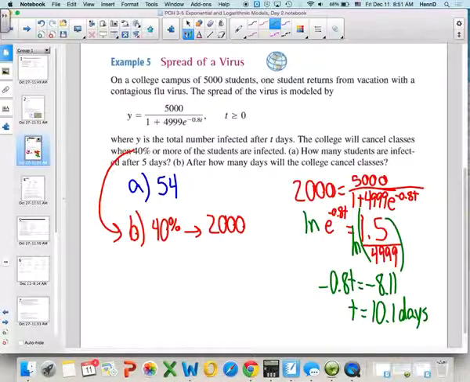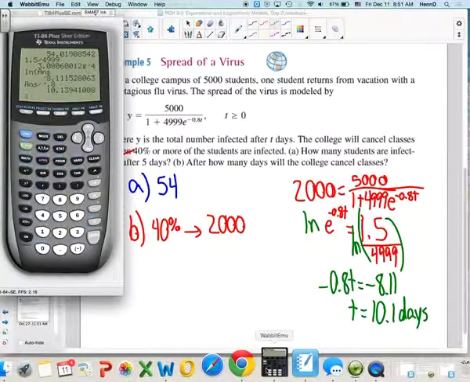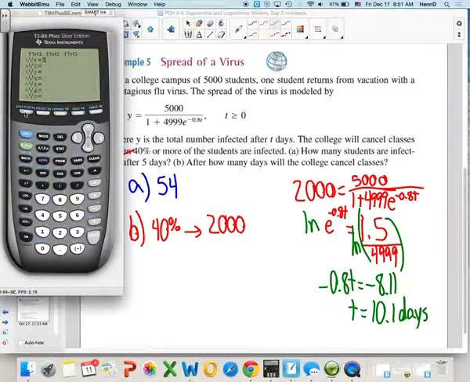Okay, yes? Where would the horizontal asymptote be? The horizontal asymptote actually would be when we reach capacity, 5,000 students. Okay, if we were to look at this on a graph, 5,000 divided by parentheses 1 plus 4,999 e to the negative 0.8x.